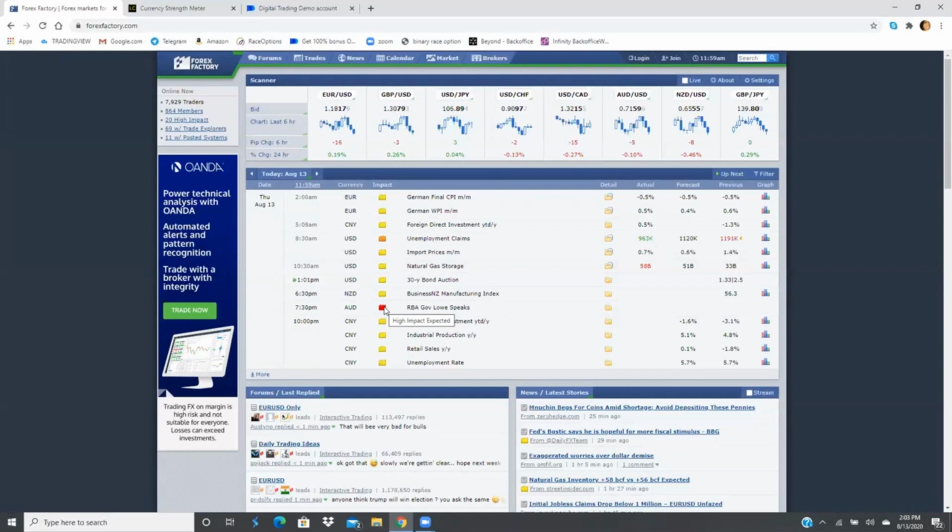There are some way more advanced, experienced traders that do know how to trade with high impact news, but as a beginner trader, just stay away from that currency when you see red folders, okay? So this is one website, Forex Factory, you definitely have to look at before even looking at the markets, okay?